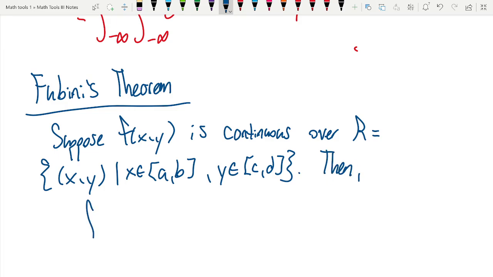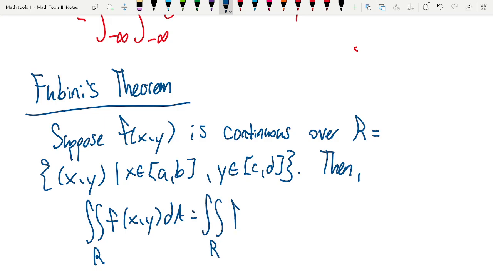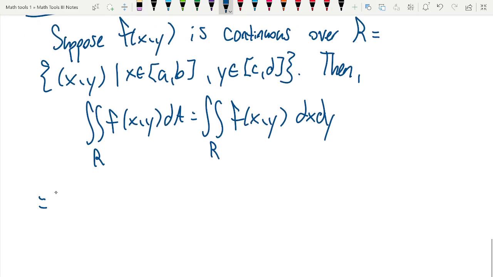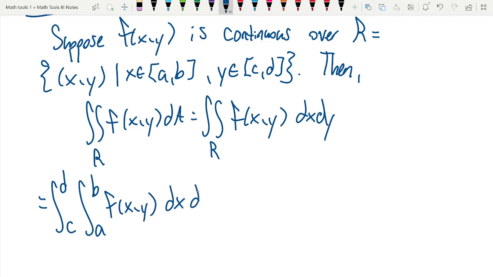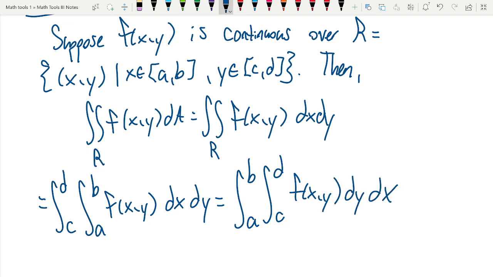Then the double integral over R of f(x,y) is equal to the iterated integral: the integral over [c,d] of the integral over [a,b] of f(x,y) dx dy, and that's equal to the integral over [a,b] of the integral over [c,d] of f(x,y) dy dx.